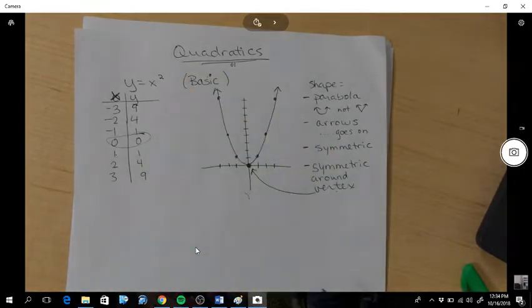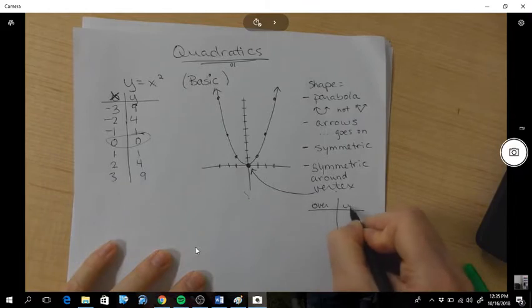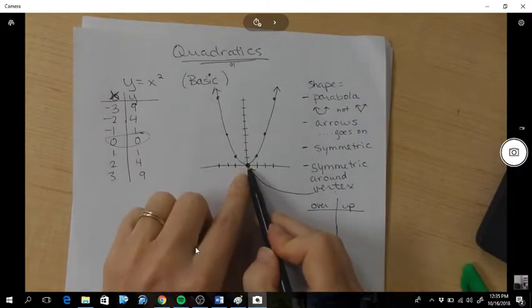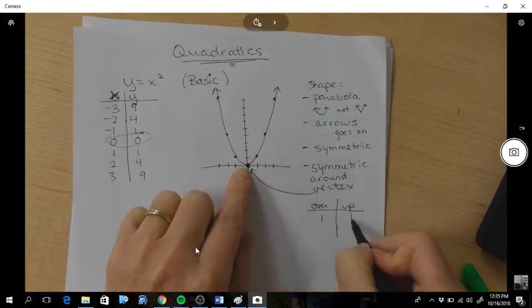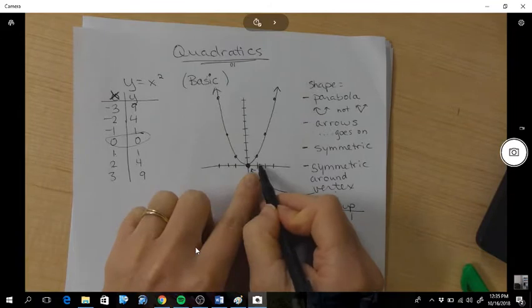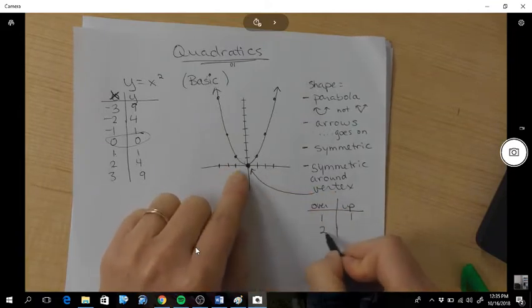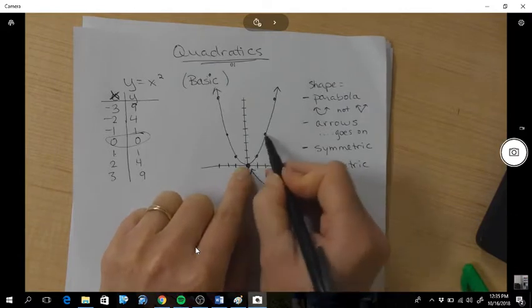Okay, so when I graph these, I always talk about an over-up chart. So from the vertex, if you move over 1, you would go up 1. You see it? I could go over 1, up 1 this way, over 1, up 1 that way. If I go over 2 from my vertex, so 1, 2, I would go up 4.